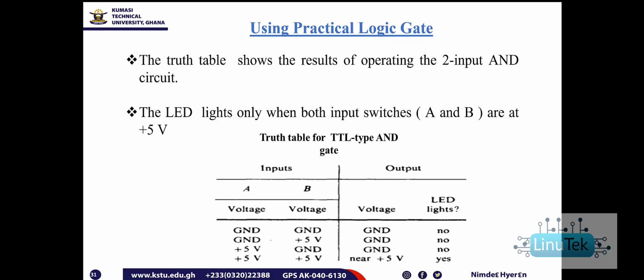Positive 5 volts is when input A is off and input B is on. So the output would also be ground or off, and there will be no light. When you have positive 5 volts and ground, similarly you get the same output. But where you have positive 5 volts on both, the output voltage would be almost 5 volts, and that would give us a lighted LED.